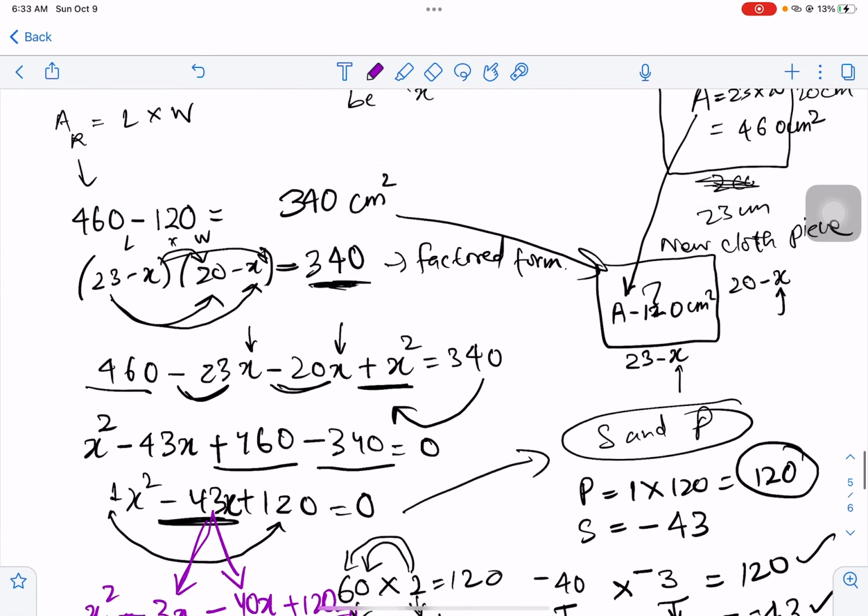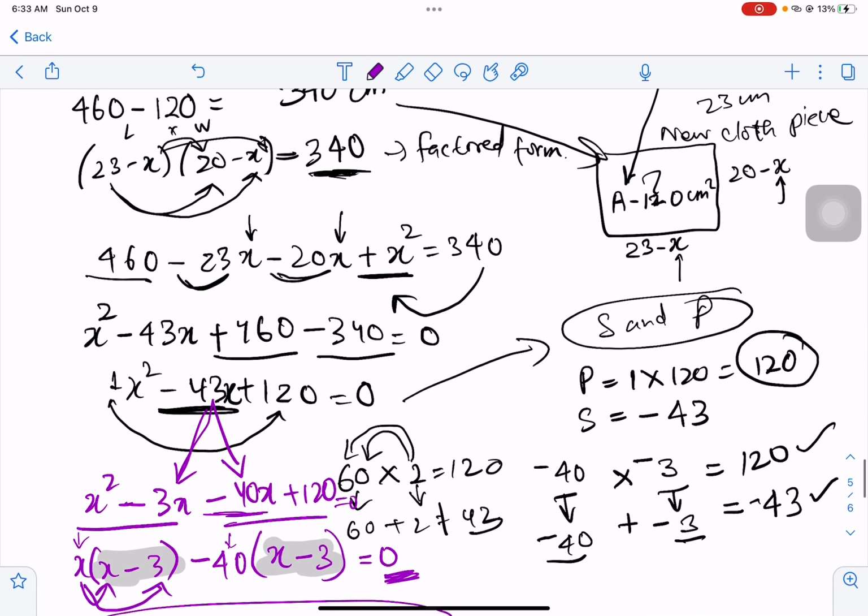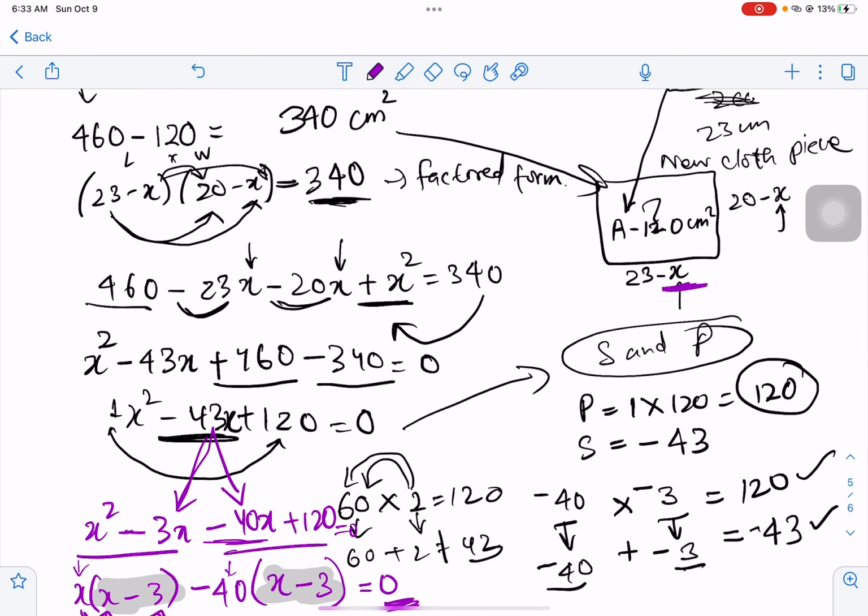Because x is the number decreased, x can be either 3 or 40. If x equals 40, I am going to get a negative value, negative 17, which is totally wrong, because a measurement cannot be negative. Hence I conclude that the value of x is 3. Got it?